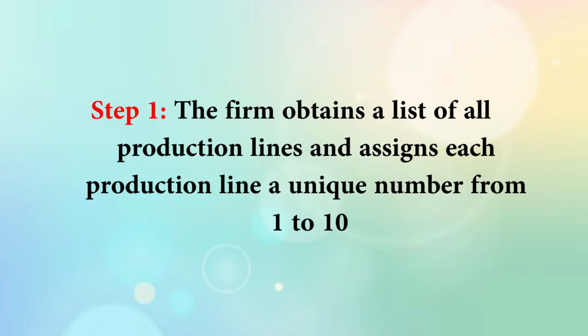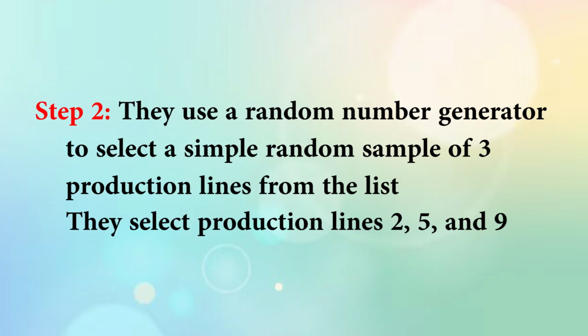The firm obtains a list of all production lines and assigns each production line a unique number from 1 to 10. They use a random number generator to select a simple random sample of 3 production lines from the list. They select production lines 2, 5 and 9.